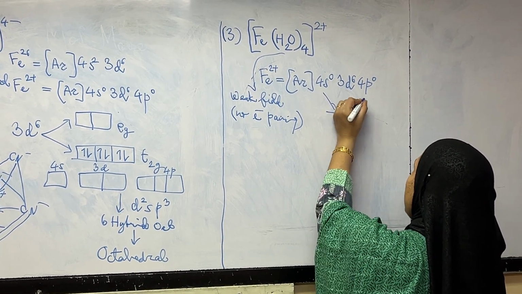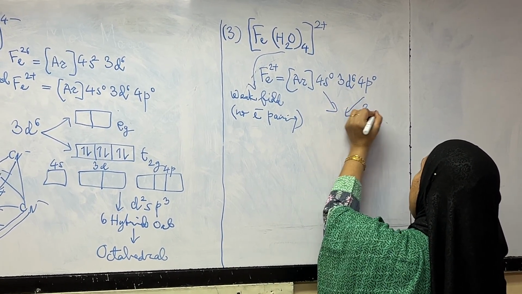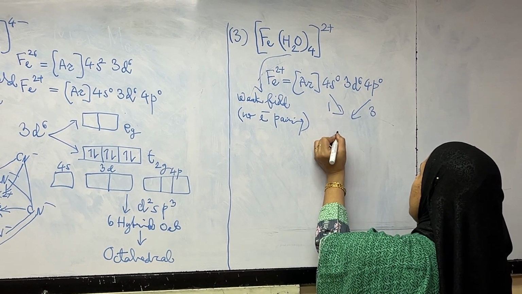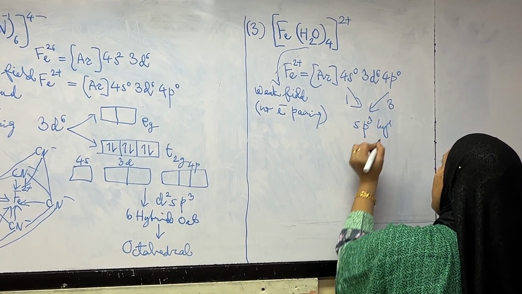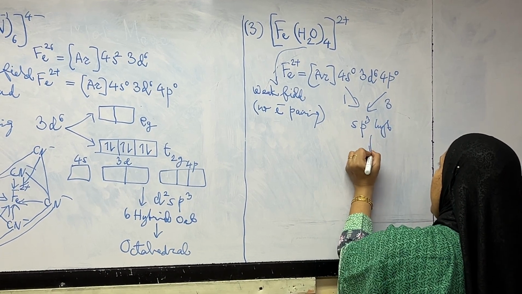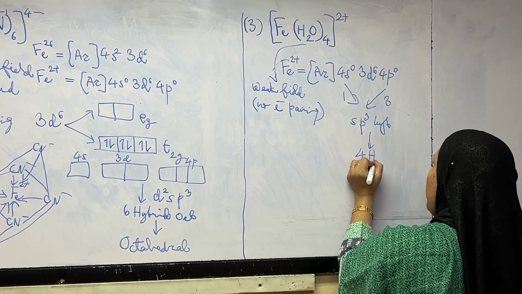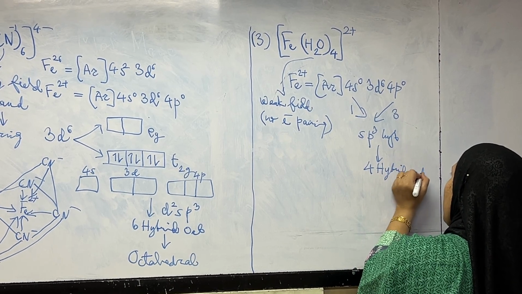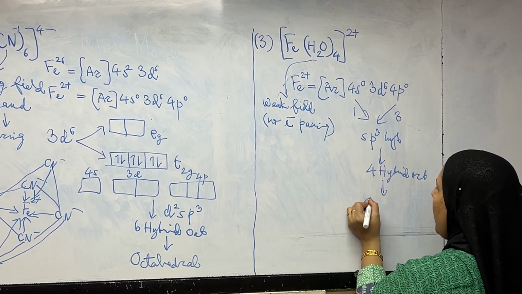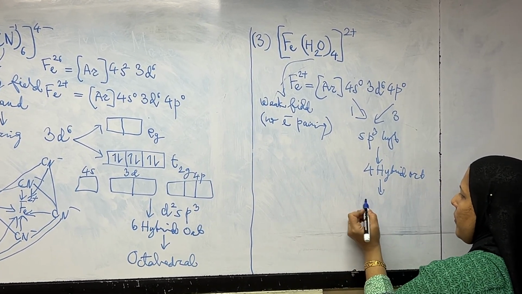So s and p together, these are 3 and this is 1. So we get sp3 hybridization to get 4 hybrid orbitals, and the structure is tetrahedral.